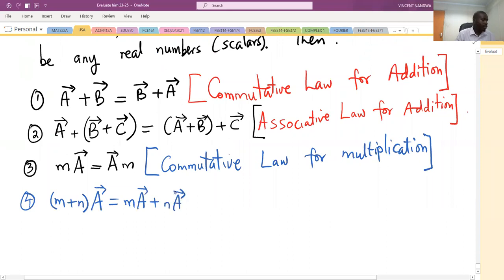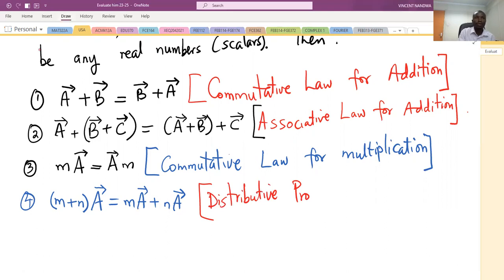This is called the distributive property, with A distributing over M and N. So this is the distributive property or distributive law. Property or law, same thing.